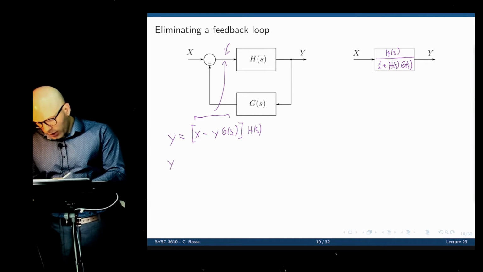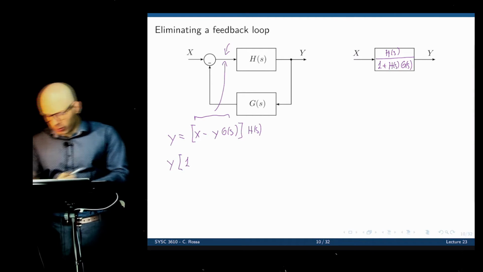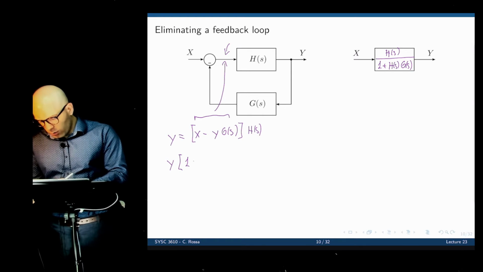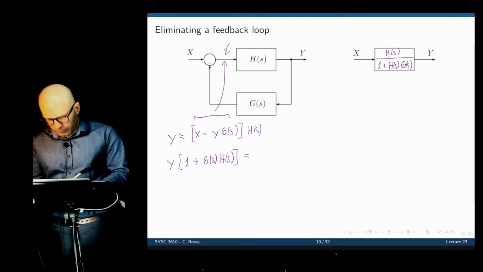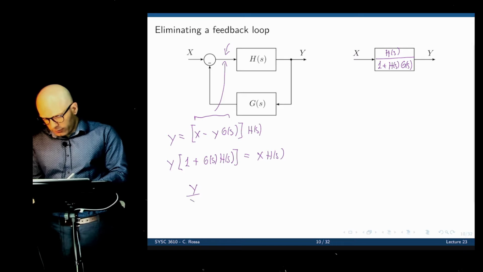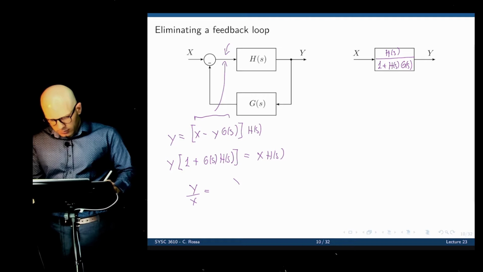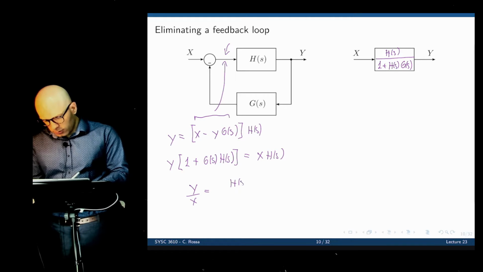And now we have y, if you put all y's to the left side, y times 1 plus g of s h of s equals x times h of s, which means that y over x is h of s divided by 1 plus g of s h of s.